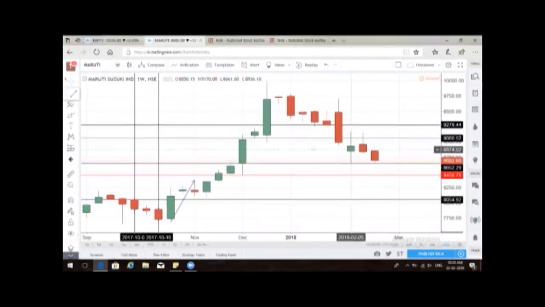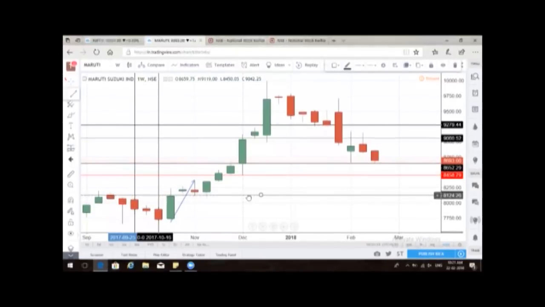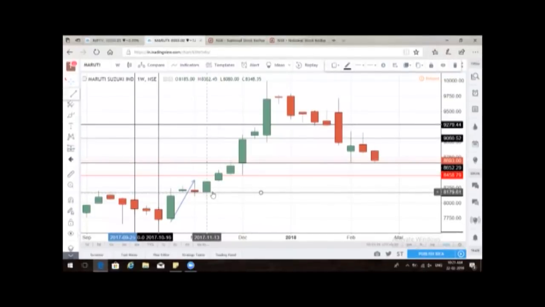Now the correction which has come is because of the quick rise which has happened in Maruti, right? And then it went sideways, and now what we see over here, it is trying to inch down. So now it is entering into the phase where the rally had started. So the max fall, if it happens, is 8050 or 8100, right, from where the rally had started.